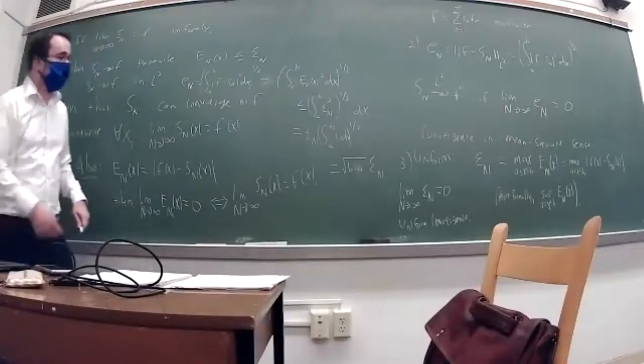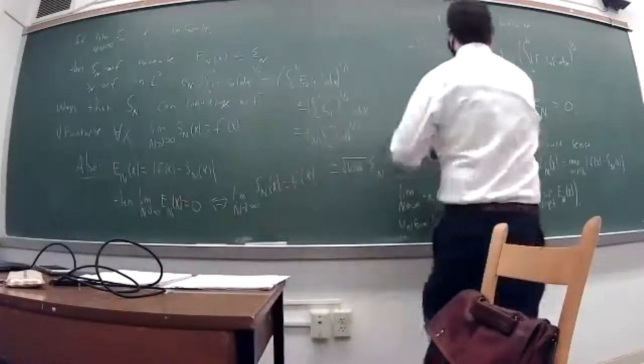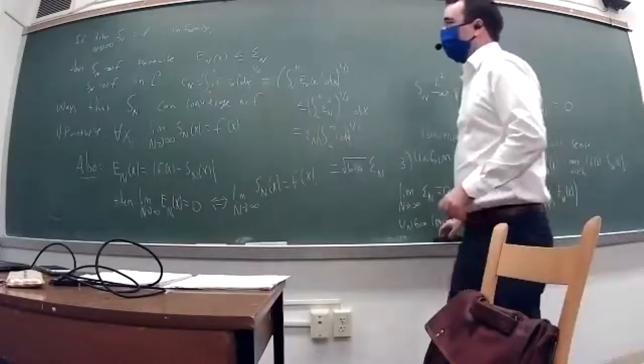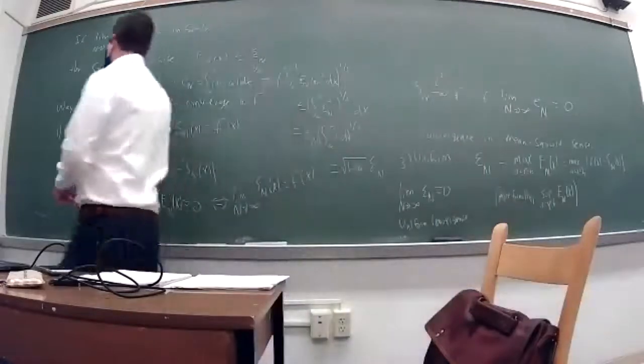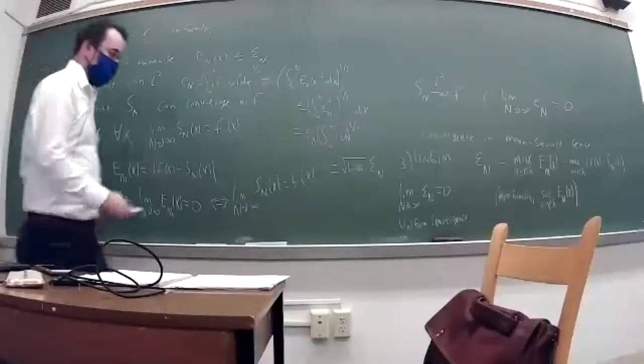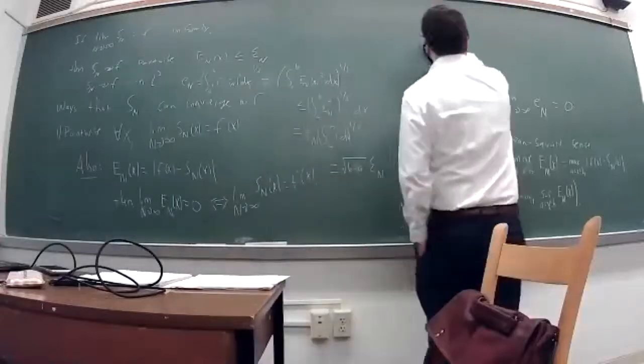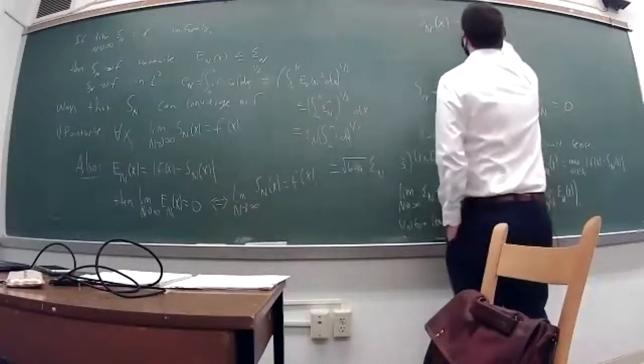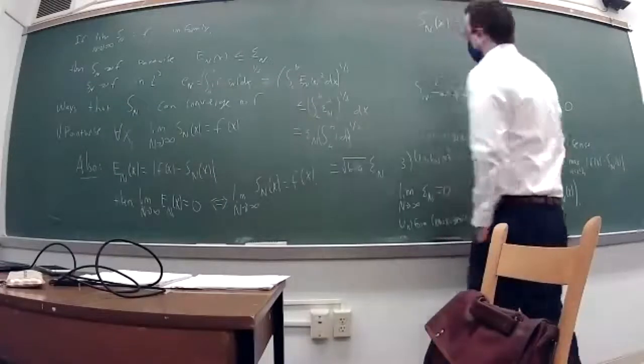On the other hand, it's certainly possible to have differences between the other two. So there's a classic example where you take S_n of x to be something like x to the n.